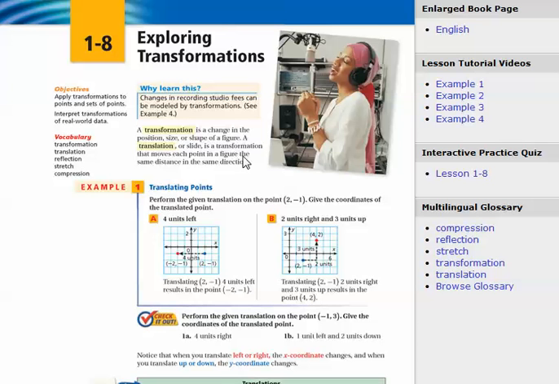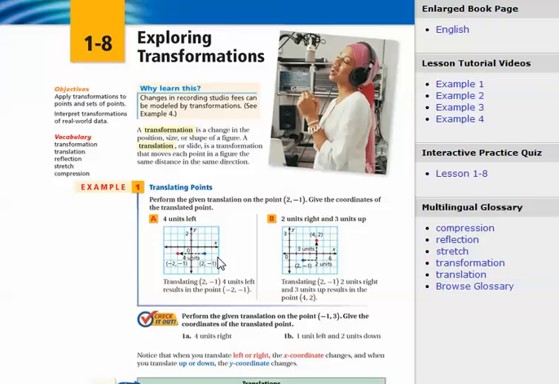A translation is a certain kind of transformation, and we're moving that figure left and right, up and down. Okay. The idea here is that we want to watch the x and y values, and what we do to them is going to obviously change where the points are. So here in this example, you're given a point and you want to move it 4 units to the left.